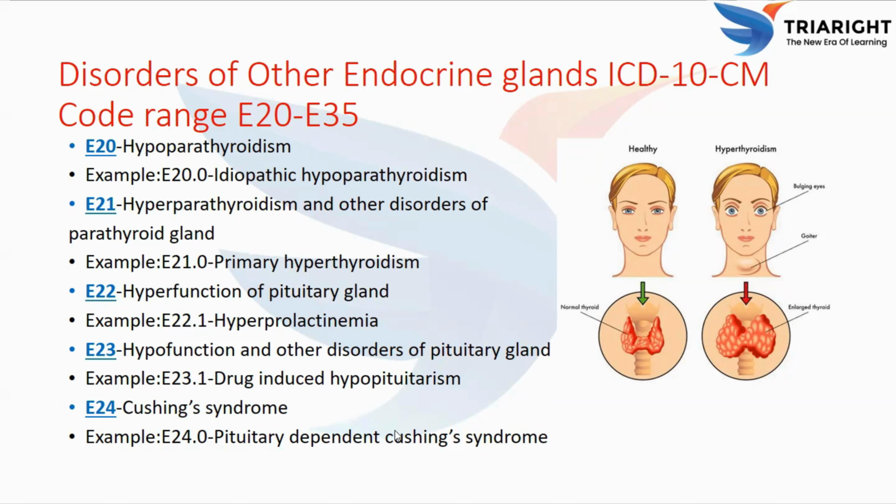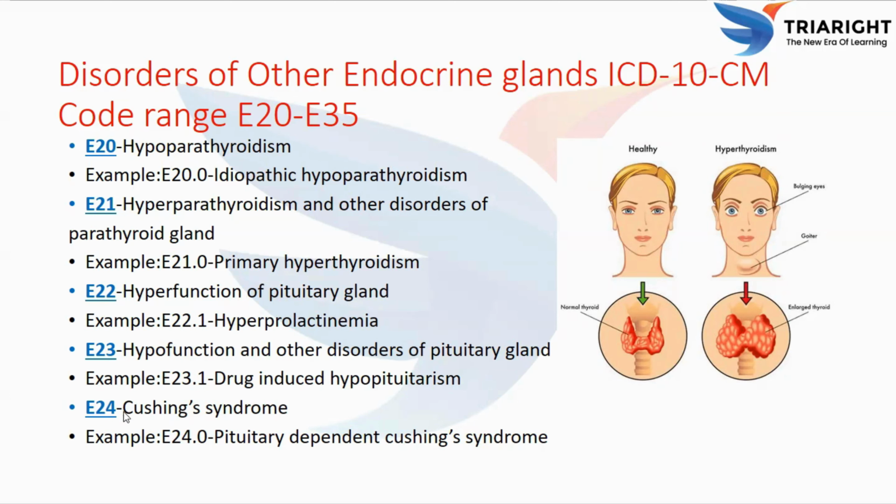It is drug-induced hypopituitarism, nothing but pituitary underactivity due to certain medications. As a side effect of some medications, the pituitary gland shows underactivity. The effects of this drug-induced hypopituitarism are fatigue, growth problems and low hormone levels.